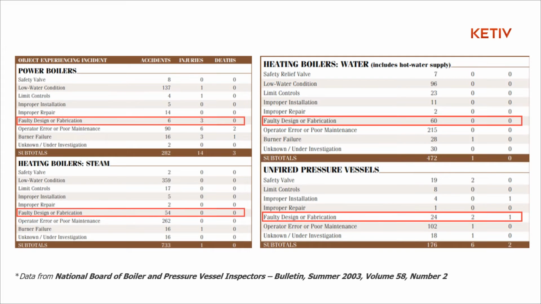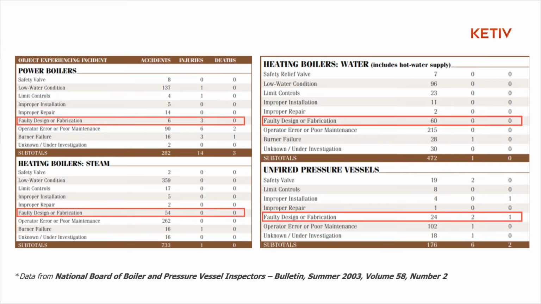As you can see, what's highlighted in red talks about the frequency of faulty design or fabrication. Somewhere in the text, they mention that most of this, even the fabrication errors, can be attributed to design errors.